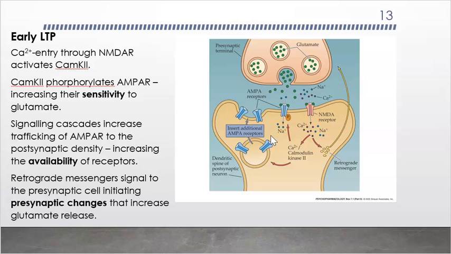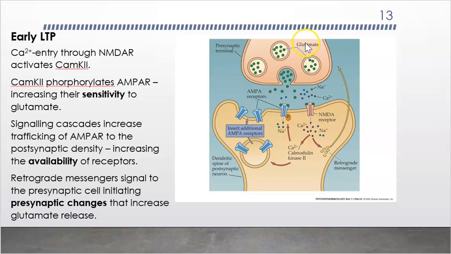Okay? Now, as if that wasn't enough, calcium doesn't just attach itself to CAMK2 and work on the AMPA receptors. Calcium will also activate some retrograde messenger signals, which will leave the postsynaptic cell, go to the presynaptic cell, and say, yo, dude, release some more glutamate. And it will.